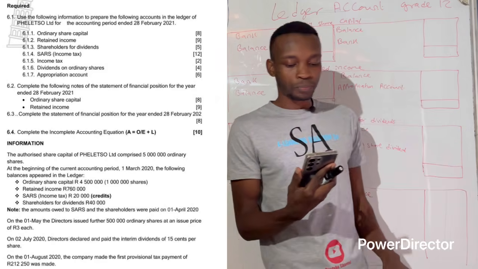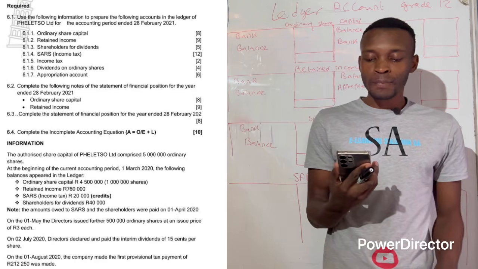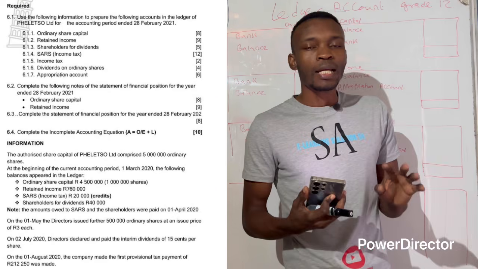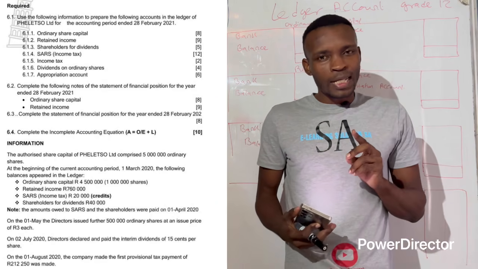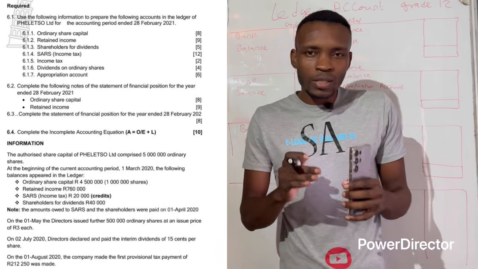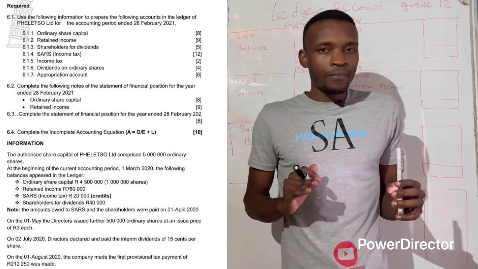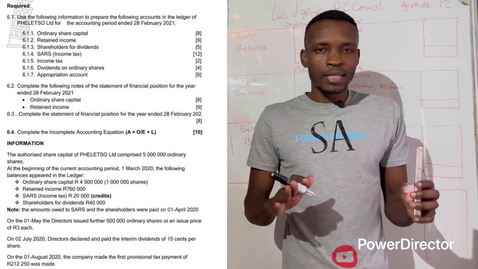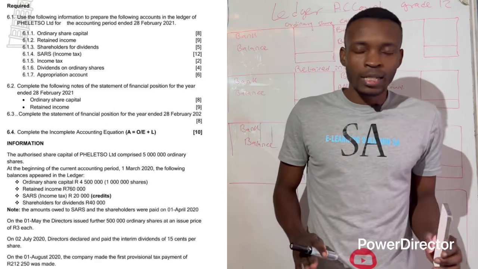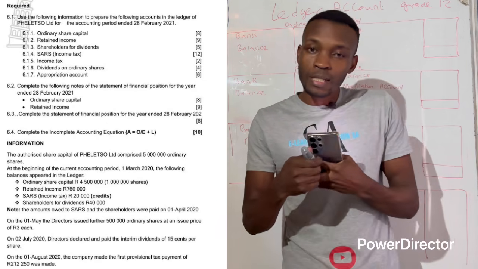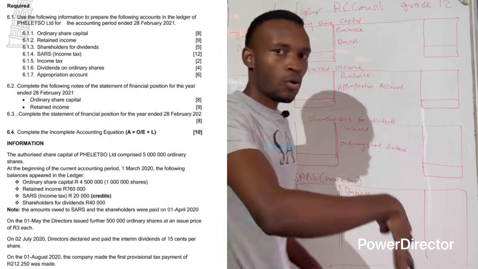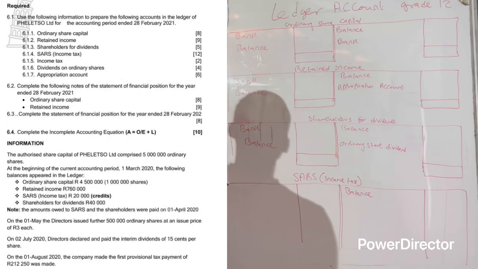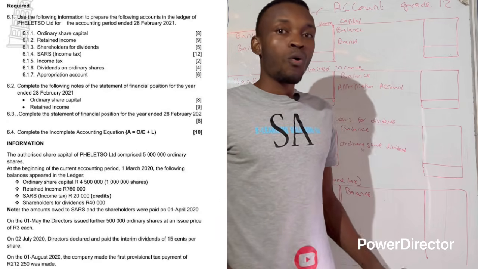If you want a ledger account to be easy for you, firstly understand: is this account a nominal account? Is it equity? Is it liability? Is it an asset? You must know that. If you know that, it's going to be easy to know whether this account increases on this side or the other side. For example, ordinary share capital and retained income are owner's equity.